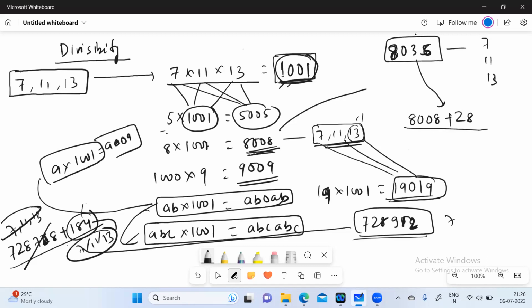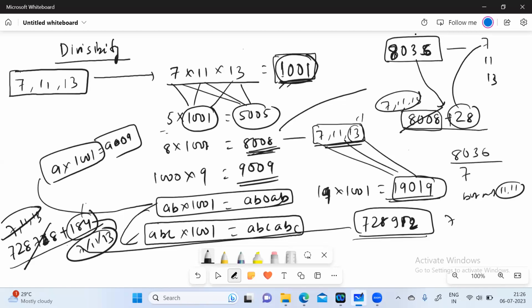Now I know that 8008 is divisible by all of 7, 11, and 13. But the remaining part, 28, is only divisible by 7. So 8036 can only get divided by 7, but not by 11 and 13. Are you getting my point?